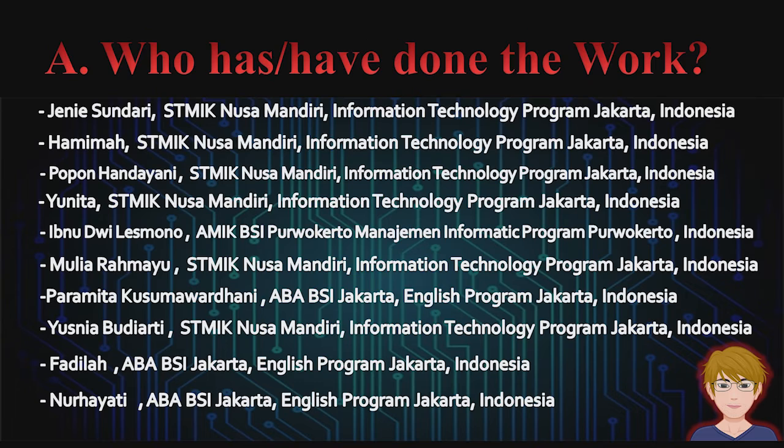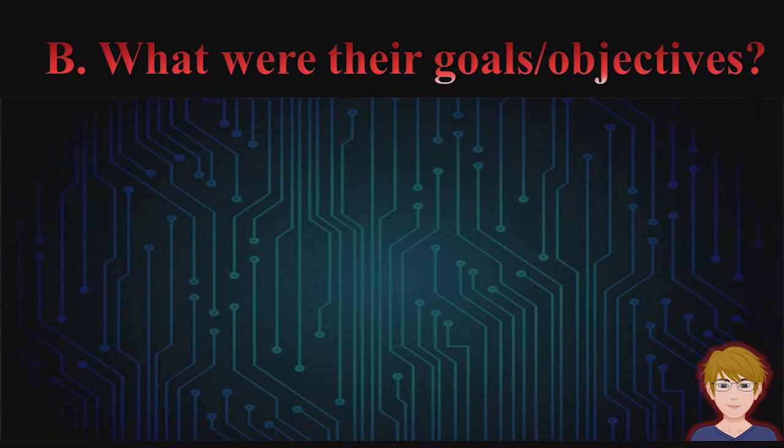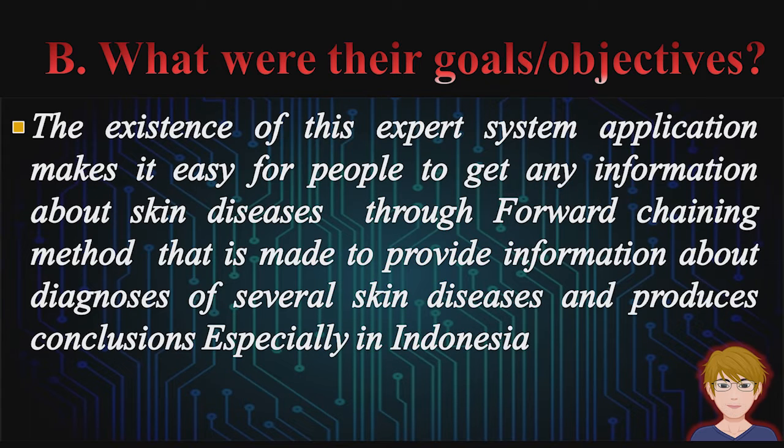Letter B, what were their goals or objectives? The goal is that this expert system application makes it easy for people to get information about skin disease through the forward chaining method, which is made to provide information about the diagnosis of several skin diseases and produce conclusions, especially in Indonesia, a tropical country where the humidity is very high and can increase the development of bacteria on the skin.